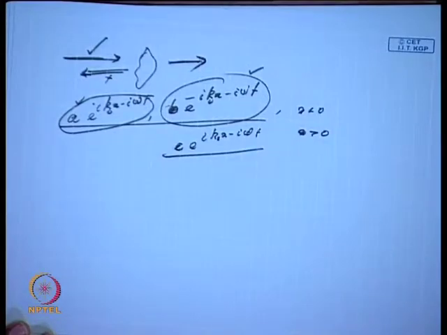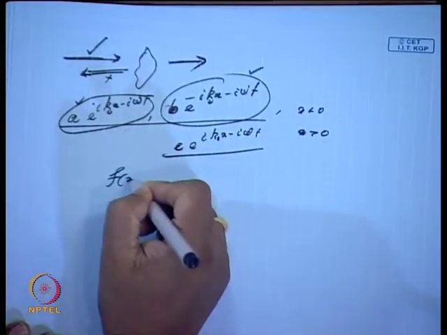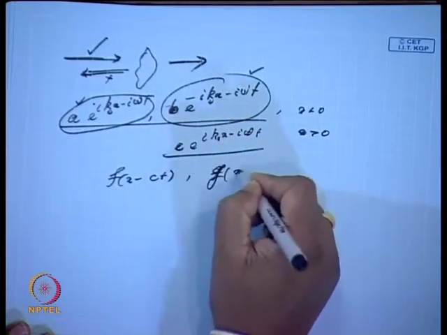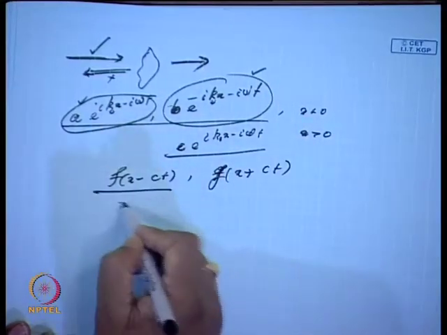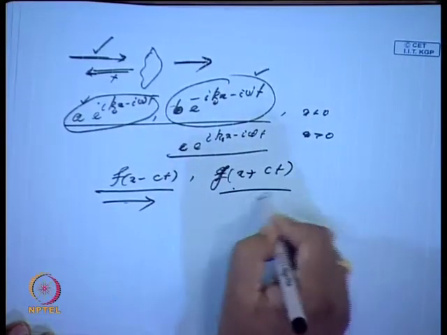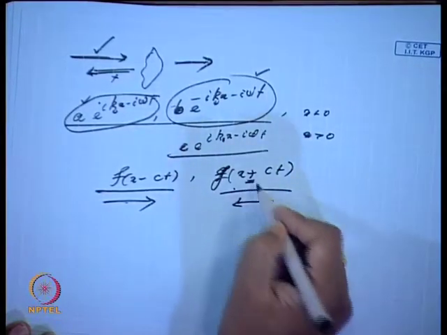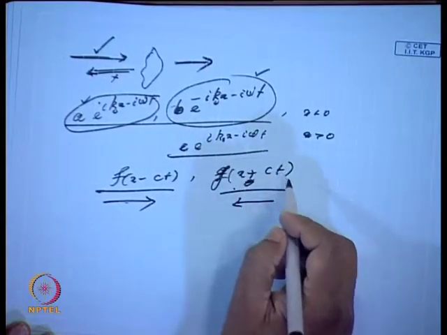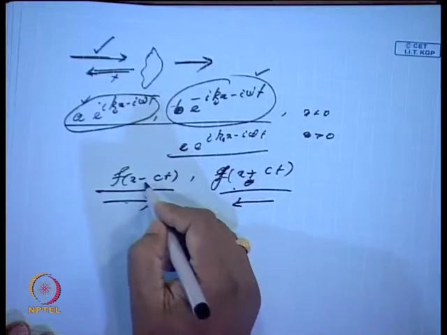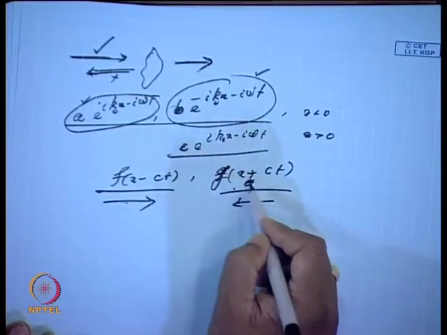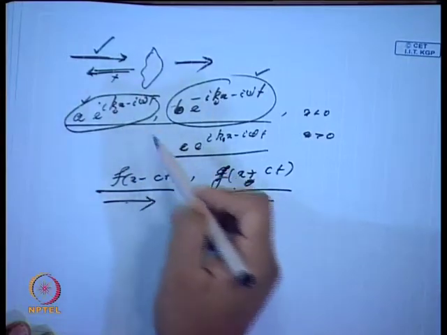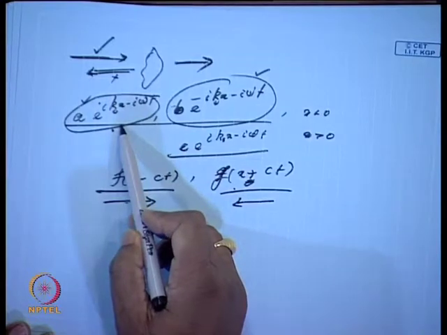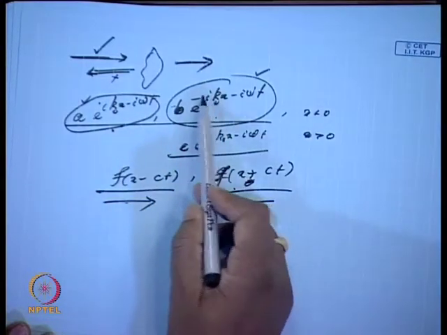Here I always look at it as of the form f of x minus c t, and this is of the form g of x plus c t. So this wave always moves in the positive direction, and this wave moves in the negative direction. This plus or minus sign gives the direction in which the wave is propagating, whether it is an incoming wave or an outgoing wave. Although this has a minus sign, it is still the incoming wave, whereas this is the outgoing wave, both with a minus sign.